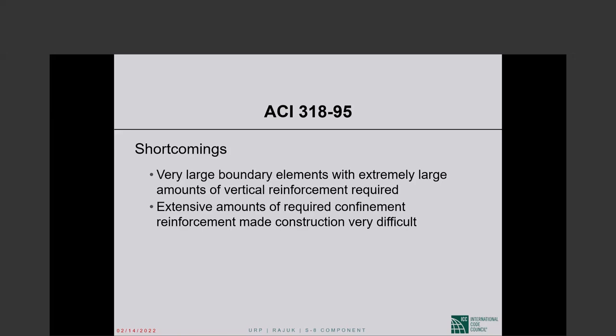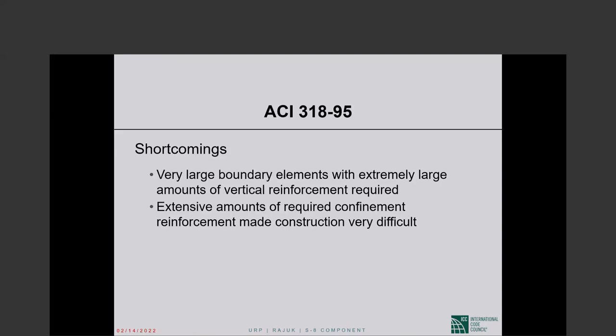So 20% of F sub C prime triggers special confinement. Special confinement cannot be discontinued until P sub u over A sub G plus M sub u over I sub G times L sub W by 2 falls below 15% of F sub C prime. And that sometimes took 3, 4 stories, maybe 5 stories of a taller building.